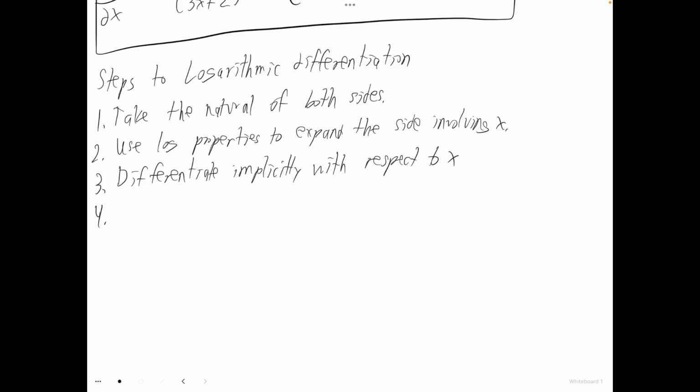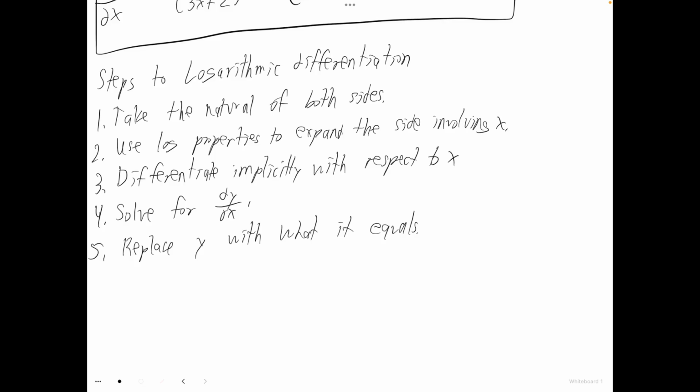Step 4, solve for dy over dx. And step 5, replace y with what it equals. Which normally that'll just be the original function. So you're just replacing the original y with the original function.